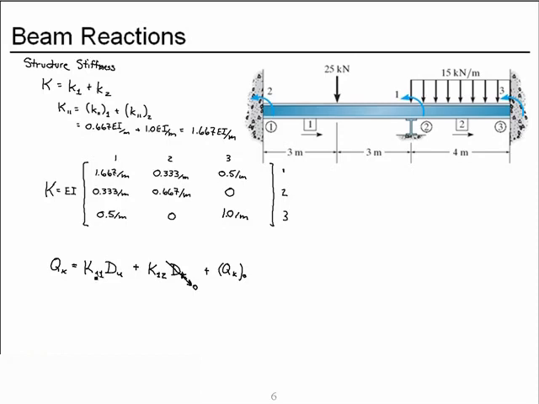This refers to forces at unconstrained degrees of freedom due to deformations at unconstrained degrees of freedom. Once we have those deformations, we can find our unknown forces, which are the reactions, using other portions of the matrix.